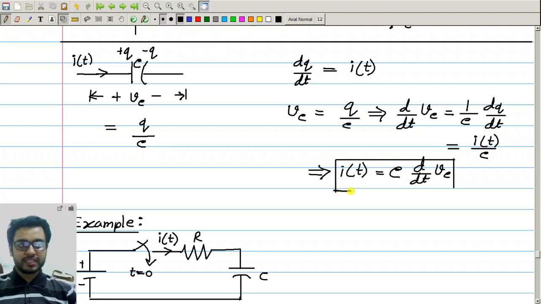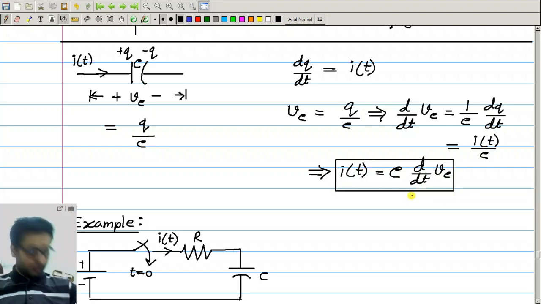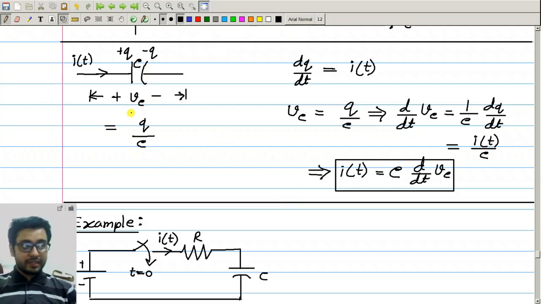So this is the relation between voltage and current for a capacitor. Here the direction of the current and the polarity of the voltage is very important, otherwise this equation will not be true.